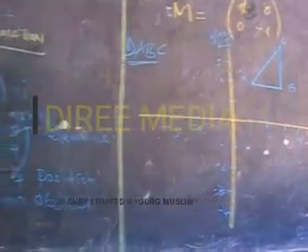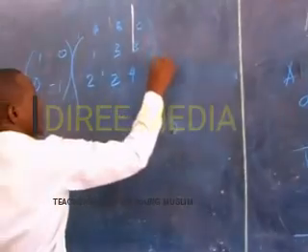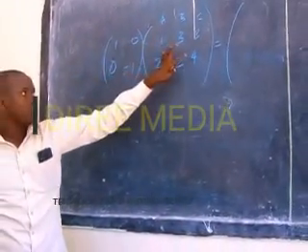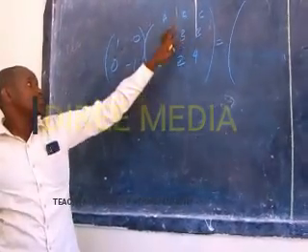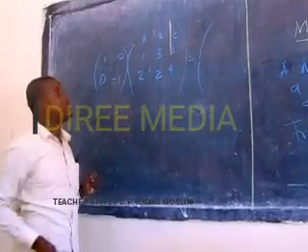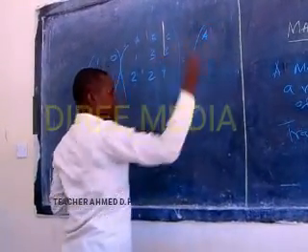And my point C as 3, 4. Therefore, after pre-multiplying this particular matrix with the coordinates of these points, I will get the images A prime, B prime, and C prime.